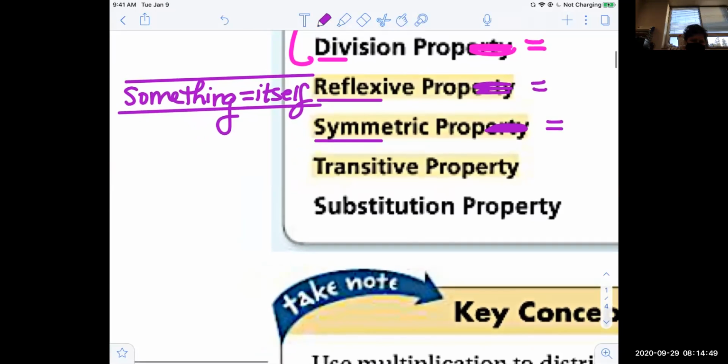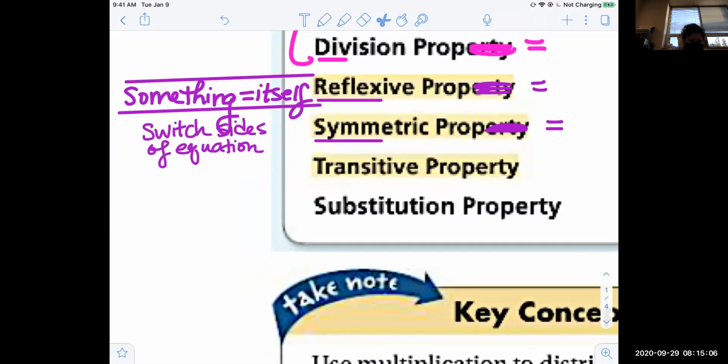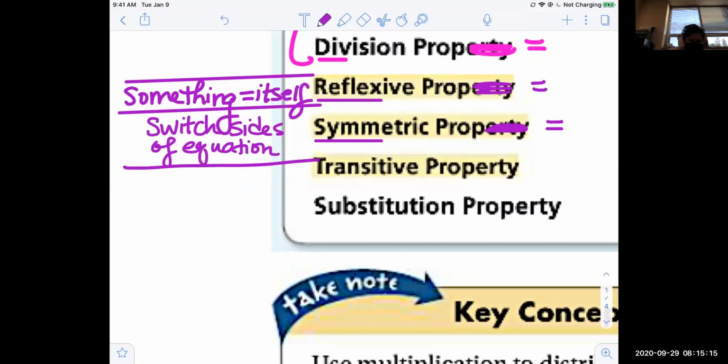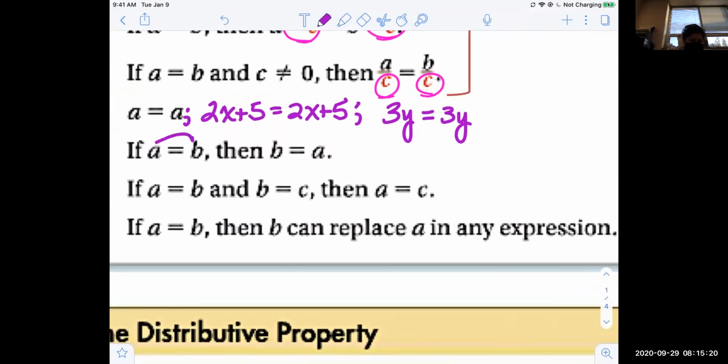Symmetric says you can switch the sides of an equation. You'll see symmetric over here. If A equals B, then you can flip the 2 sides and get B equals A.